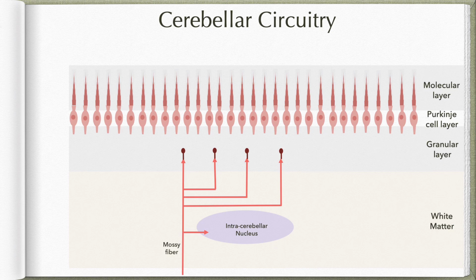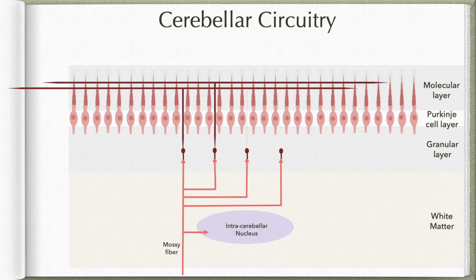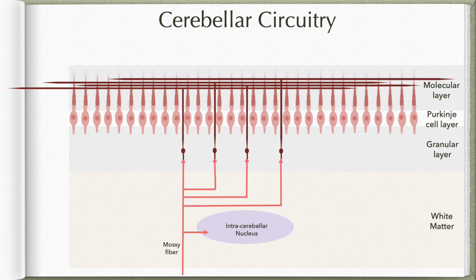Now axons of these granule cells will reach the molecular layer, where they bifurcate into two branches. These branches will run in opposite directions as parallel fibers, synapsing with 500 to 1000 Purkinje cells in a row on either side. So one mossy fiber first had divided into 50 to 100 branches.